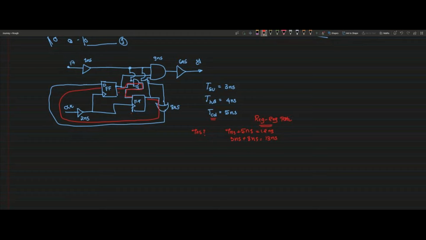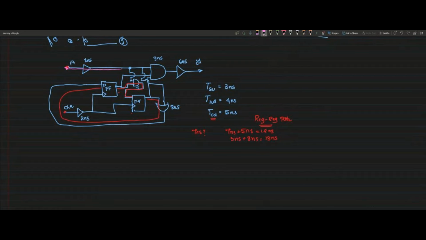Same way, these are the input pins which may be coming from FPGA, right? So we have another type of path, that is between your input pin to register path. Let me change the color. If I say this is the input pin, so I have this path, right?